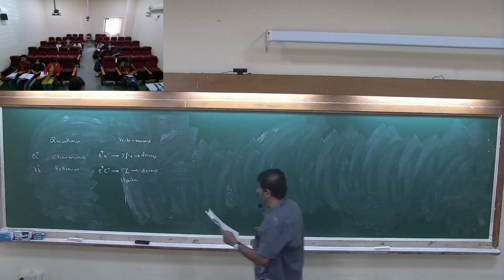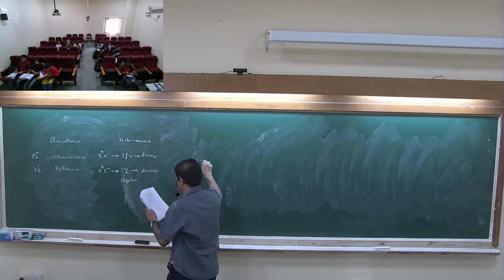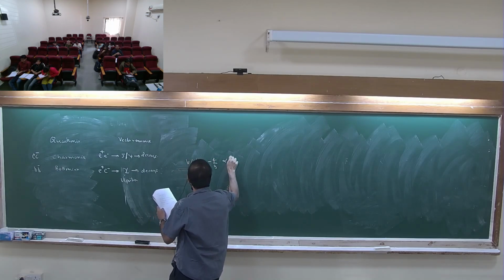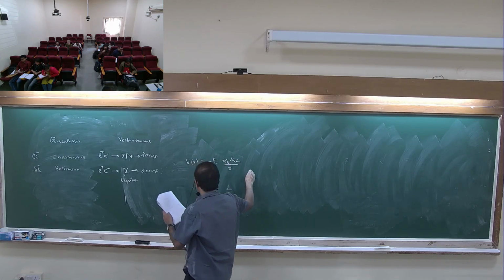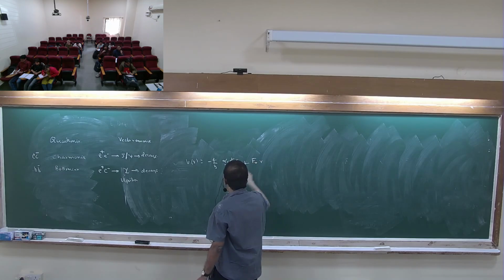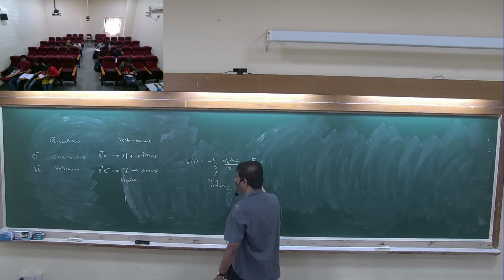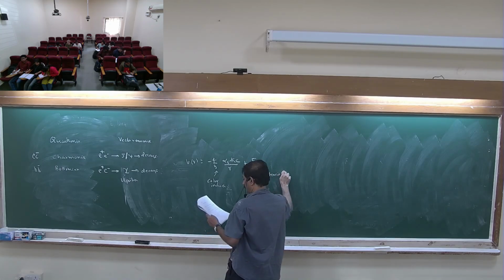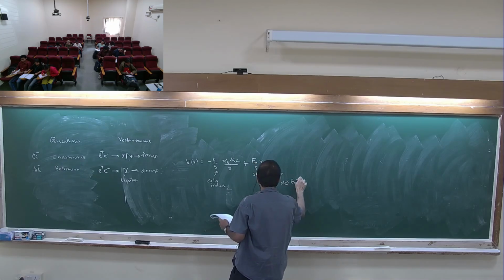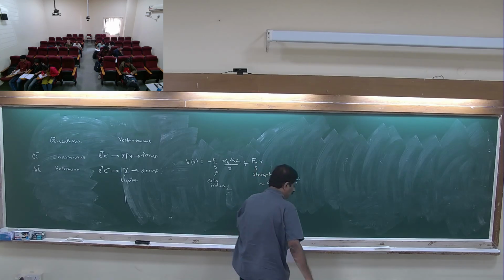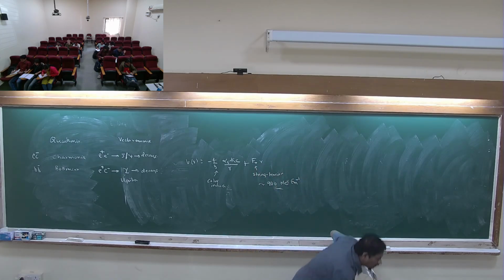So for instance, we wrote down V of r is minus 4 by 3 alpha s h bar c by r plus f naught r, and we said that this comes from the color indices, and this f naught, we gave a name for this, it's called the string tension, and it's of the order of 900 MeV. So it's a very strong confining spring-like potential that you have for this thing.